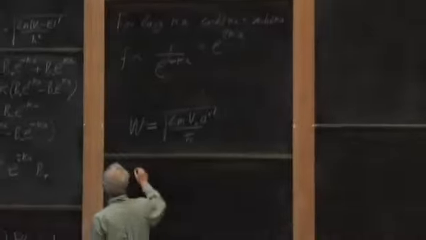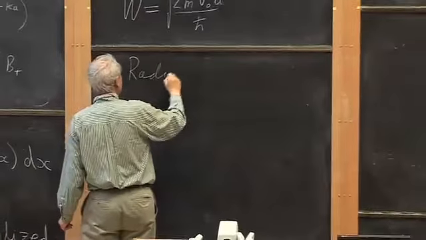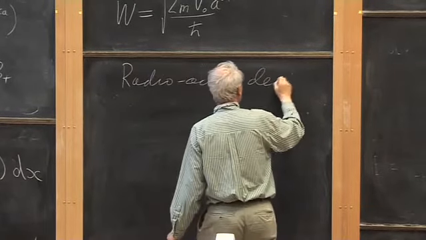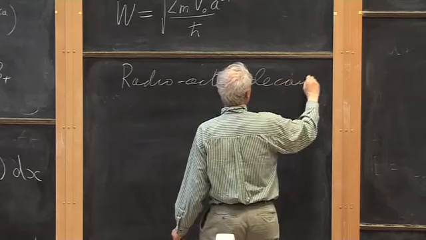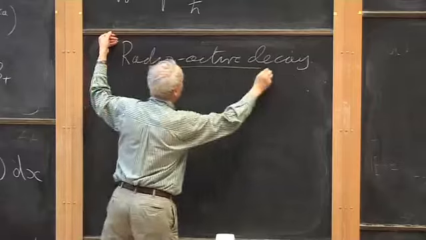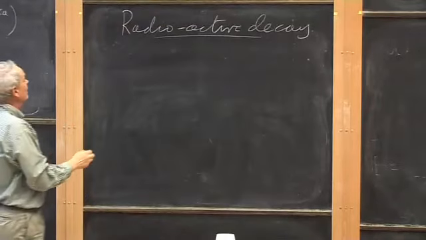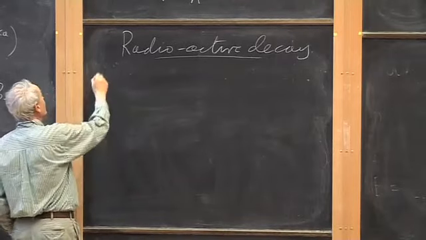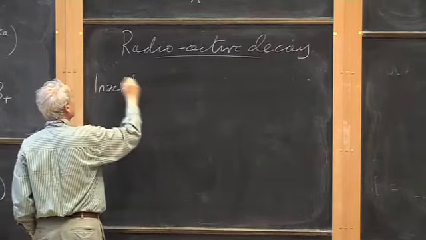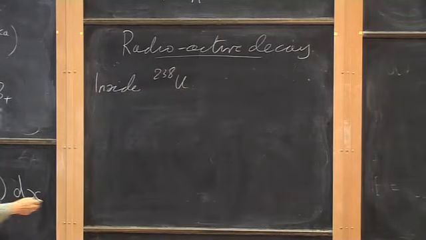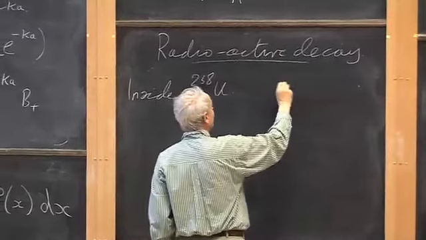What's physically interesting about this, or an interesting application of this, is the radioactive decay. This is obviously a very simple-minded model that we have so far, but the general idea is this. Inside uranium-238, which is the non-fissile sort of uranium, you have a number of alpha particles.